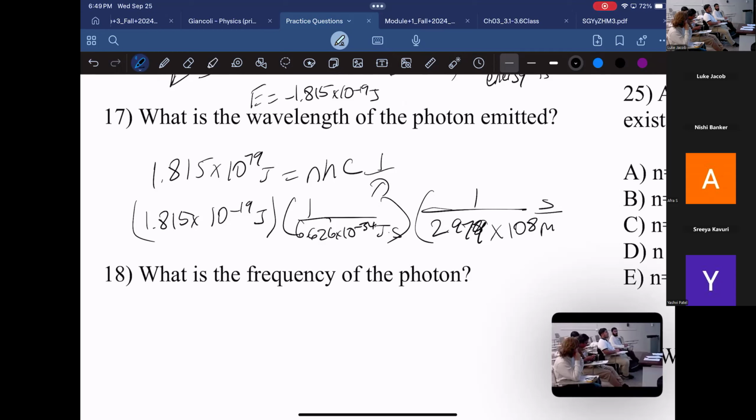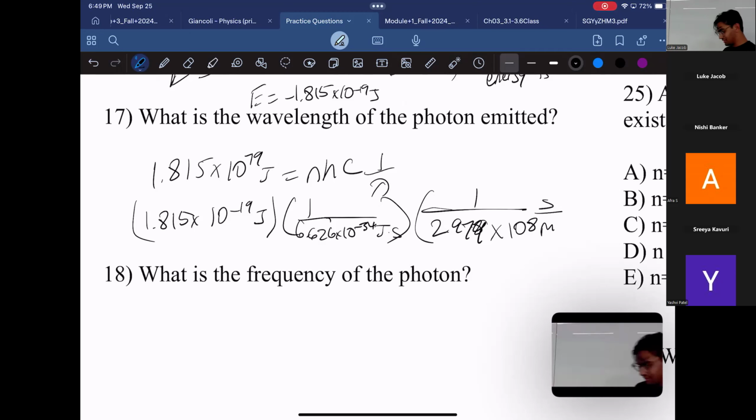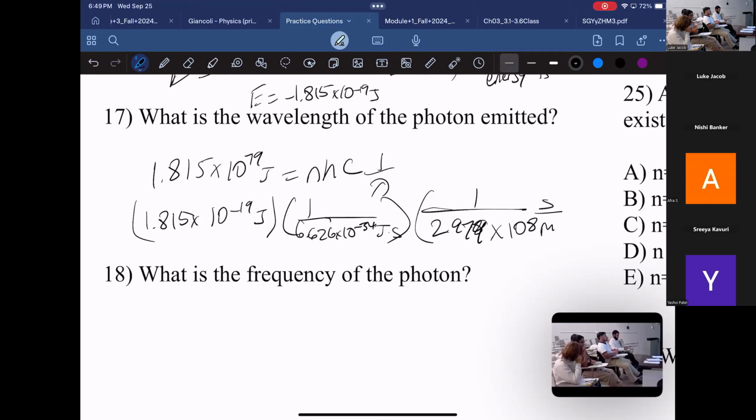On my calculator, I'm realizing that I'm going to get 1 over wavelength, so I have to just flip it. Times 2.979 times 10 to the 8, and then you flip this.